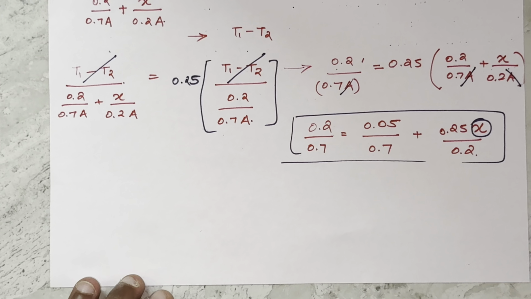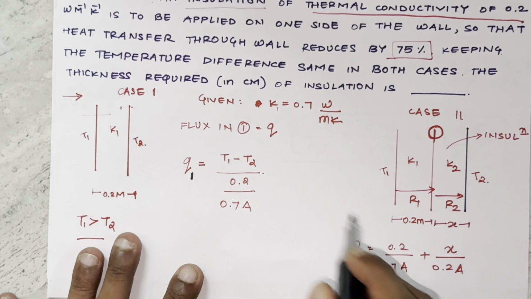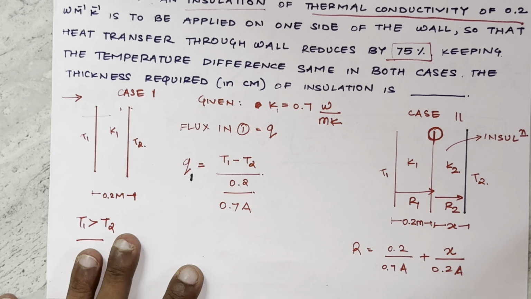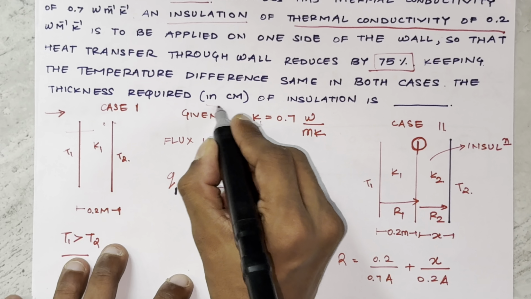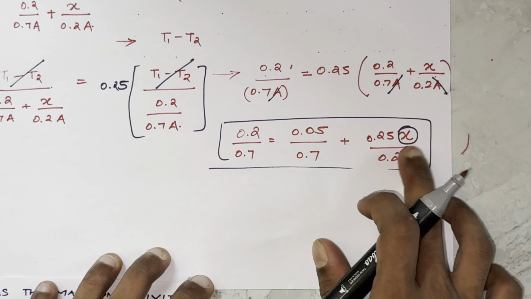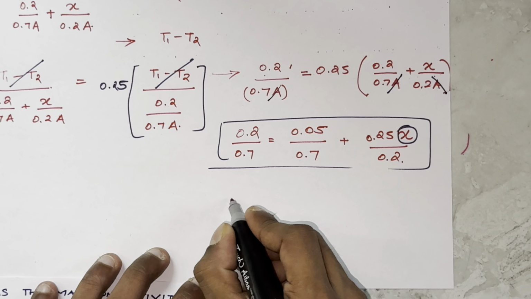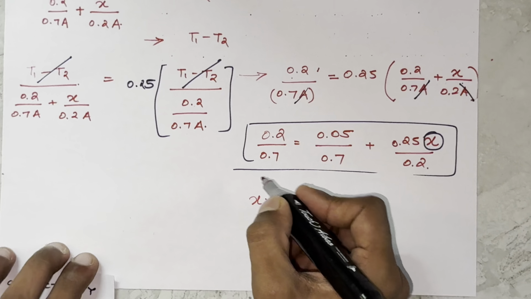That was asked in the question, but we have to be careful that the answer we enter in the CBT mode will be in centimeter. What we get for x will be in meter, so you have to convert it to centimeter by multiplying by 100.